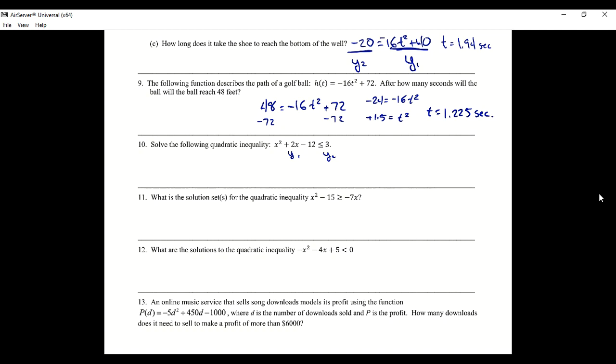Hit graph. Okay. Oh, I need to go back and reset my window.